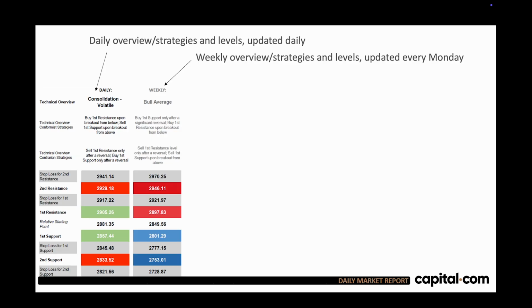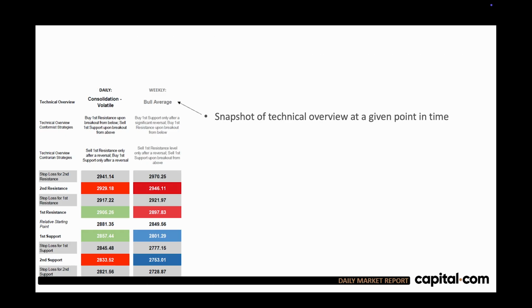Now this is going to be relatively static, not because it's updated only once a week, but because of the weekly time frame, it takes a long time for a technical shift or something significant to happen on the weekly time frame, and it also incorporates a lot more historic pricing data. The technical overview, whether for the daily time frame or the weekly time frame, they don't have to be the same, by the way.